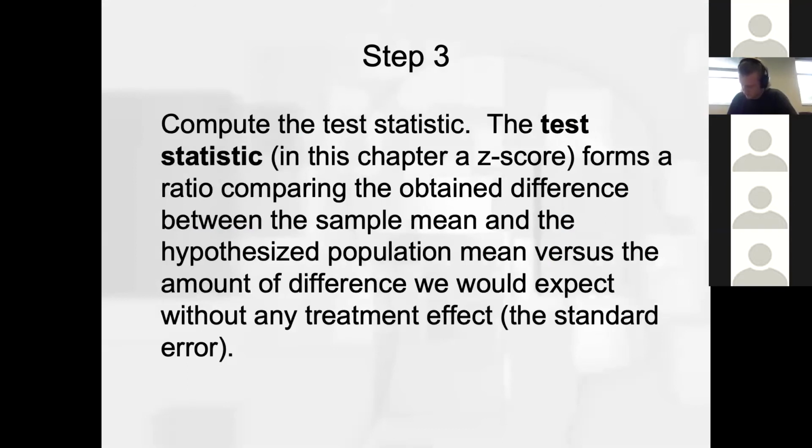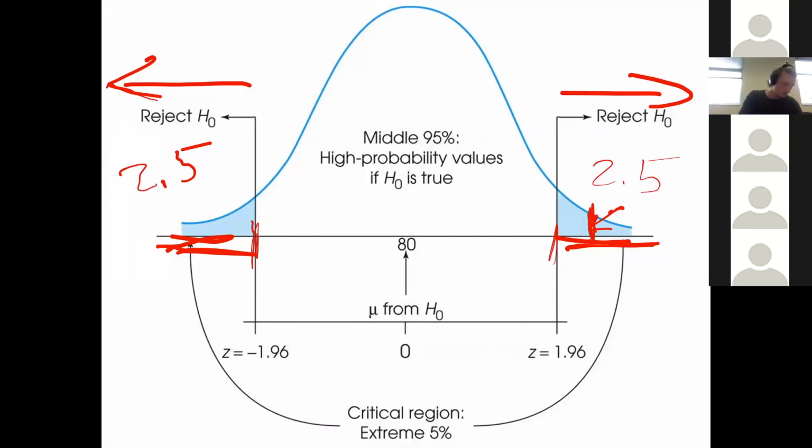Yes, if it's on kind of to the extreme, if it's in the tail beyond what that criterion value is. So if it's further to the right than this criterion value, you reject the null. If it's further to the left than this criterion value, you reject the null. That make sense?